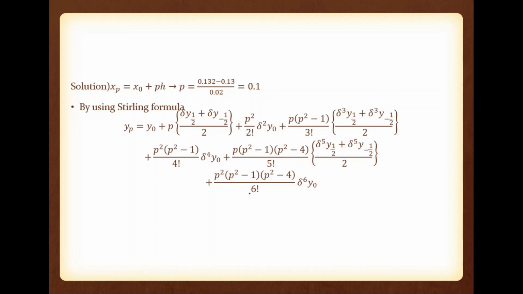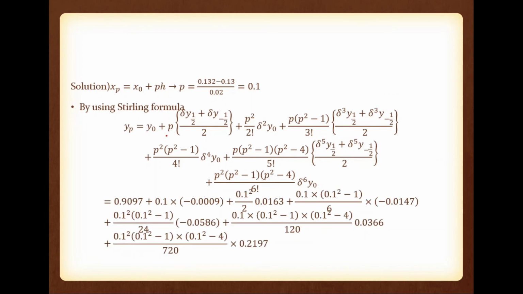Okay. So now we are going to substitute the values. So yp is equal to y0, which is 0.9097. Please go through that table. Y0 is 0.9097 plus p is 0.1 into the average of these two. I asked you to take the average of these two data, right?